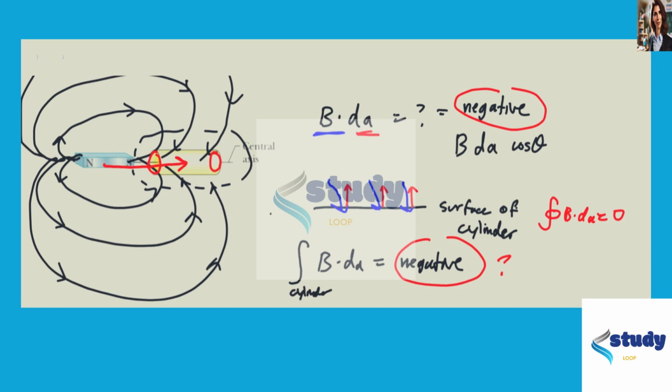In that case, the B dot dA would not be just negative for every surface. So in other words, for this particular scenario, there is no contradiction between our result for B dot dA of the surface and Gauss's law of flux for magnetic fields in general.